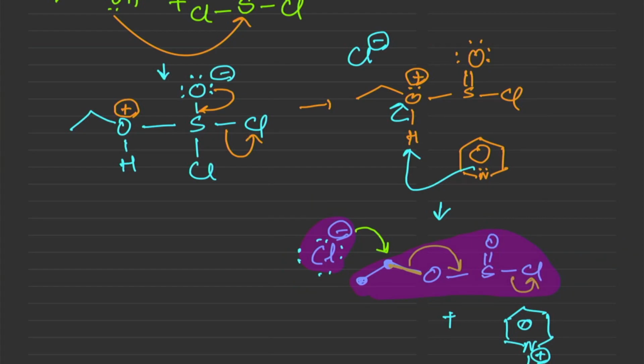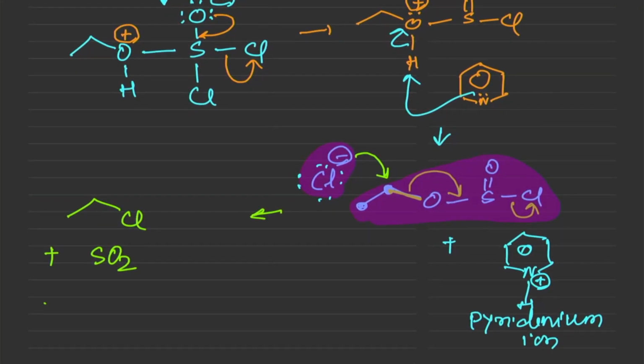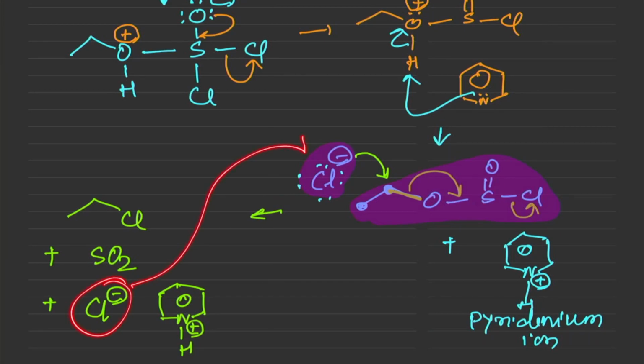Based on this, you're going to have the alkyl chloride, you're going to have sulfur dioxide, and then you're going to have Cl minus, because the Cl minus is going out as well. The Cl minus will be counterbalanced by the positive charge of pyridinium, or it can do the next set of reactions where it will attack.